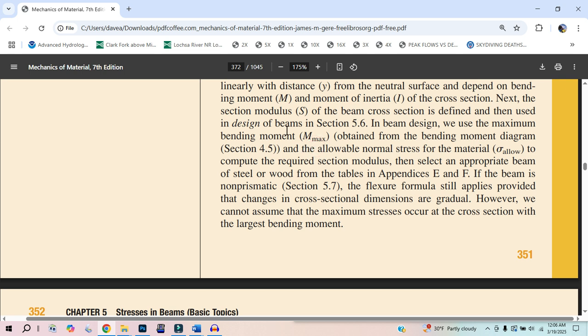So we have that max moment, and that's why reading textbooks is difficult, because right here it says we're gonna design the beam. We're gonna choose the beam that we design, because typically you get a problem and you're just like, okay, there's a bridge, there's a beam that got made, here's some cars going over it, I can figure out what the max moment is, and then I can figure out what the stresses are going to be in top and bottom.